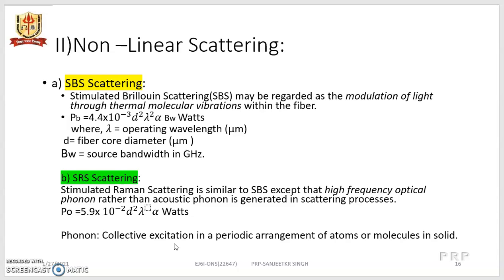What is this phonon? Collective excitation in periodic arrangement of atoms or molecules in solid.